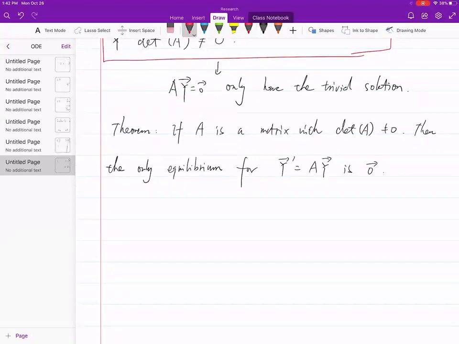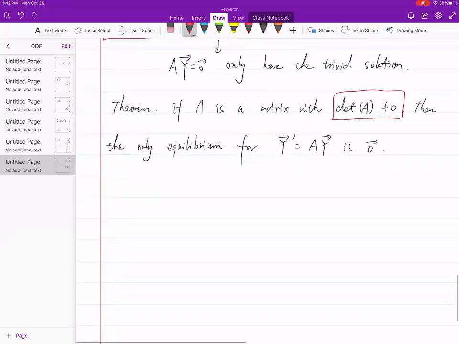The key is the determinant A does not equal to 0, which means A is invertible.